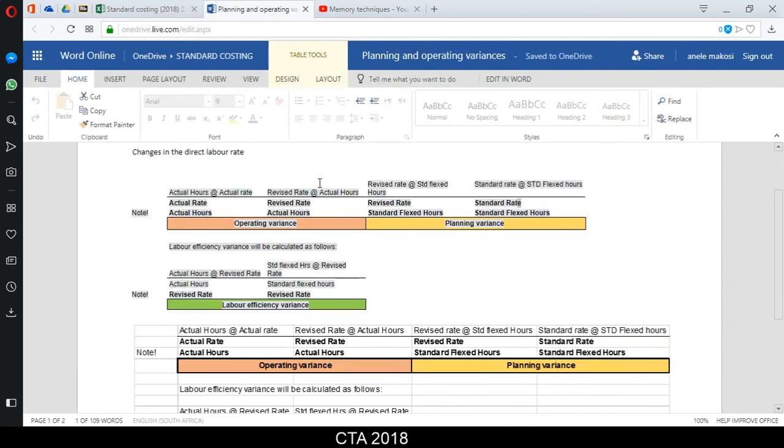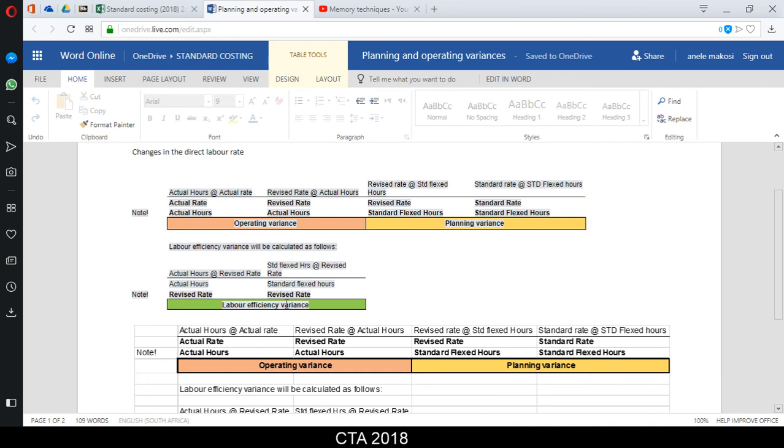Now coming to the third one. Now we have the actual hours and the standard flexed hours. Whenever we compare hours, you must know that it's efficiency. How efficient were they when they were producing this product? Instead of spending these hours, given the actual units that they produced, the standard flexed hours, they spent these actual hours.